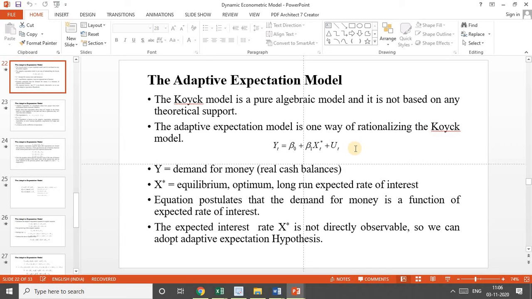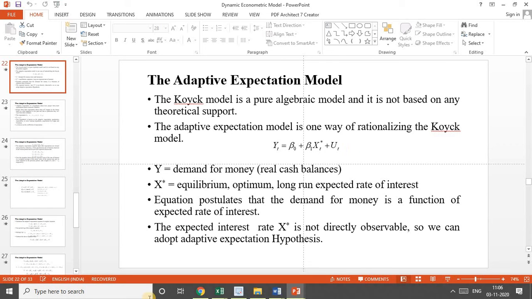From the equation that we have estimated, gamma beta 0 plus gamma beta 1 xt plus 1 minus gamma yt minus 1, we can derive the values of beta 0 and beta 1.